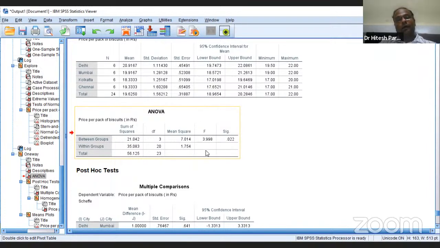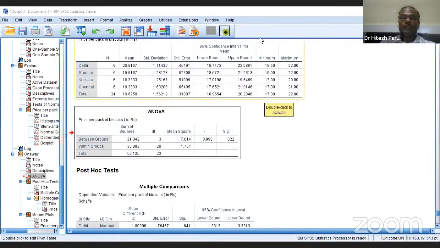And related to the F value, you get the significance p value. Higher the F value, lower the p value. The p value is 0.022, which means yes, it is significant. So there is a significant difference in the price per pack of biscuit among 4 different cities.